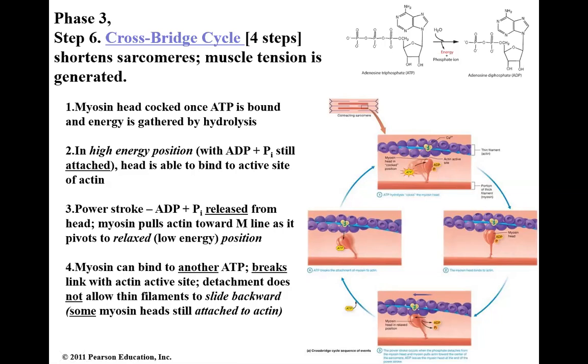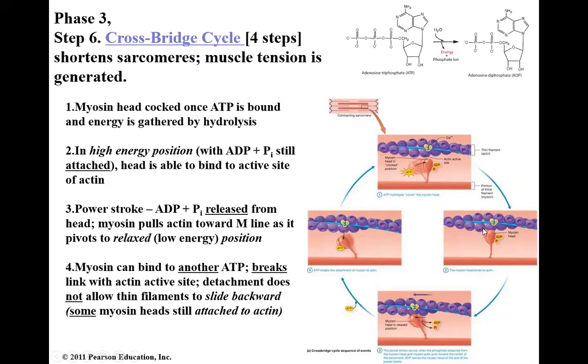Okay, so before the muscle cell is stimulated, ATP breaks, right? It's hydrolyzed, it's ready to go, it's in the cocked position, and then it binds to actin as soon as tropomyosin is moved out of the way. Okay, so this is step number 1. Myosin head is cocked and ready to go.